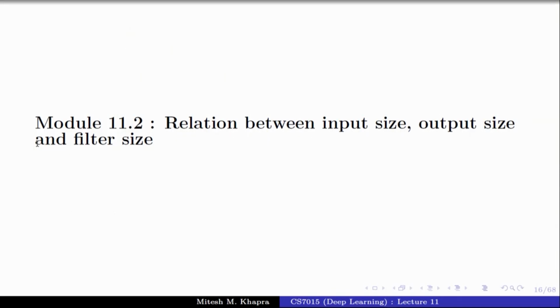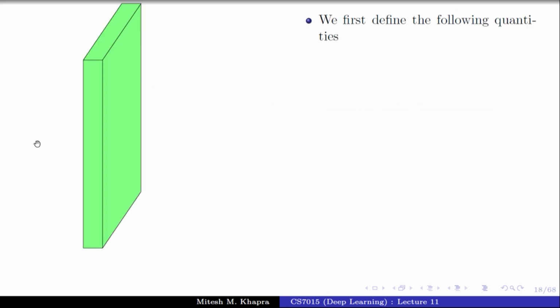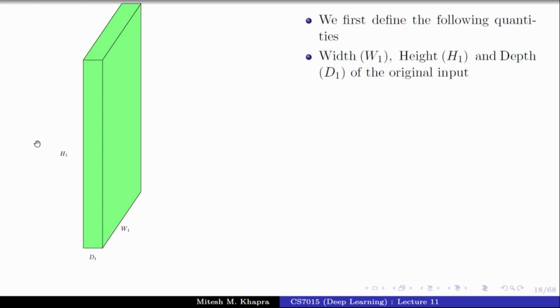Okay. So now let's look at the relation between the input size, output size, and the filter size. We have not said anything about the sizes of the inputs, the outputs, and the filters. So this is my generic input, which is of width W1, height H1, and depth D1. Now, there's something known as the stride of a filter.